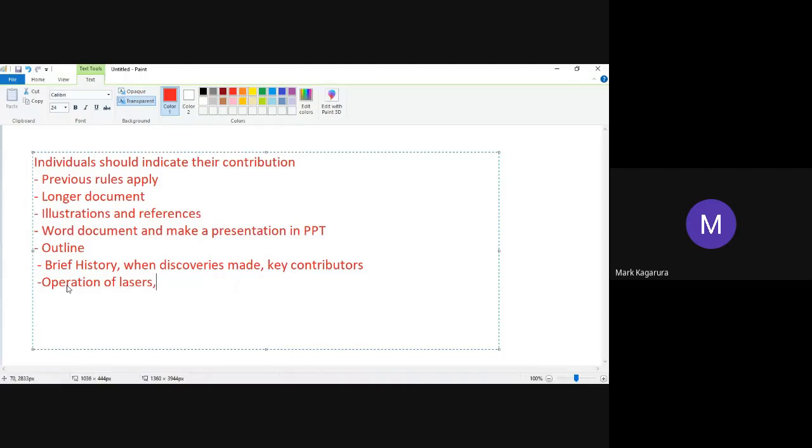Then for superconductivity, you look at what is called occurrence, and conductivity. Then for both of them, you look at applications. But for superconductivity, there are types, even for lasers, types of lasers.